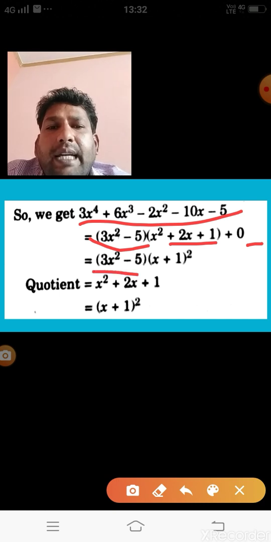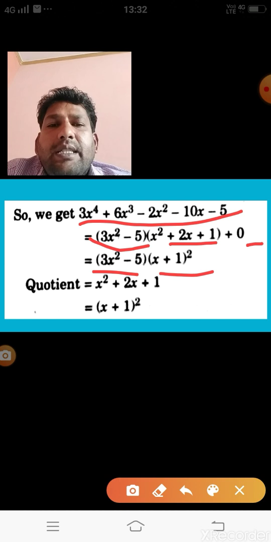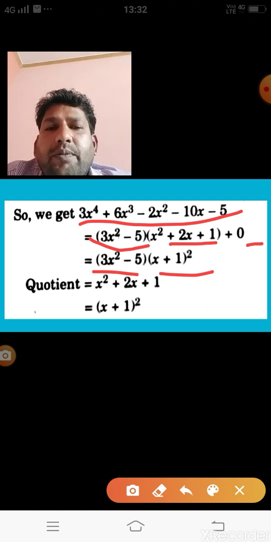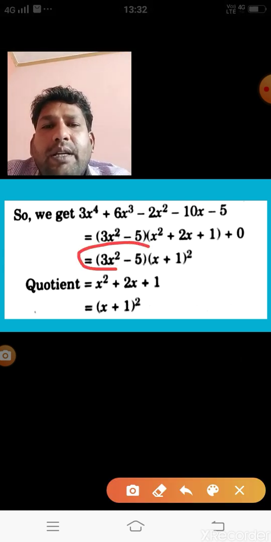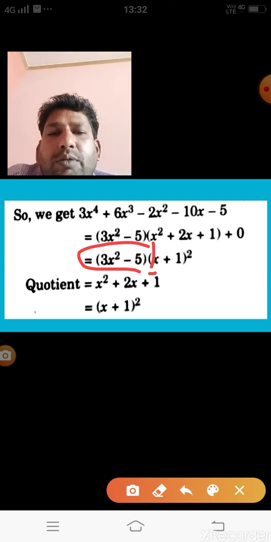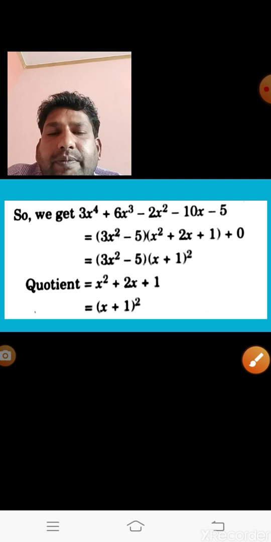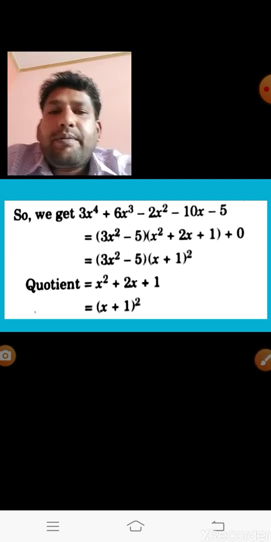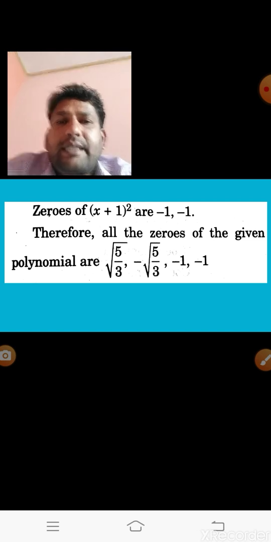On solving, x square plus 2x plus 1 is x plus 1 whole square, and we have the factors of 3x square minus 5. We just have to make the factors of x plus 1 whole square, and on making this value equal to 0 we get the values of x.